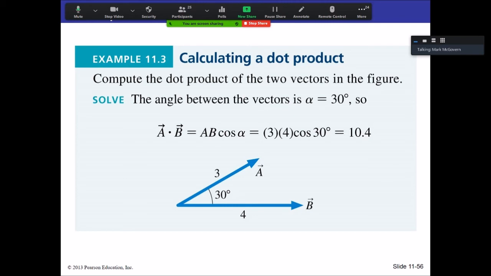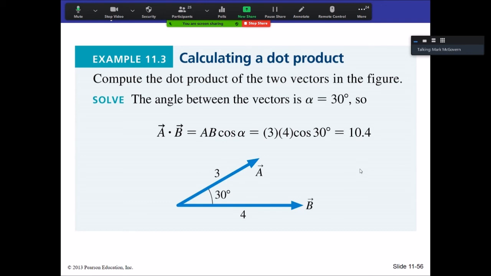Imagine 4 is the displacement, 4 meters. Say this force acts on the object as it moves through 4 meters. So we can calculate the work that's done by that force. 3 newtons times 4 meters times cosine 30 would result in 10.4 joules of energy. That's it.